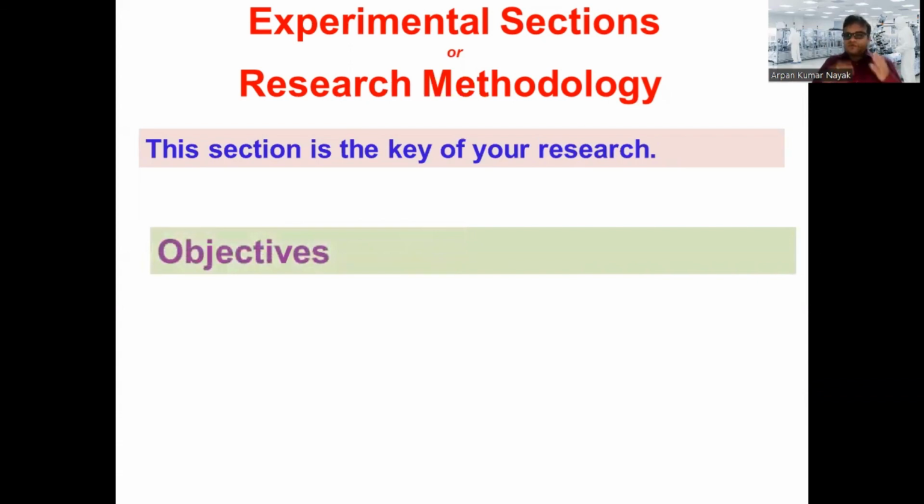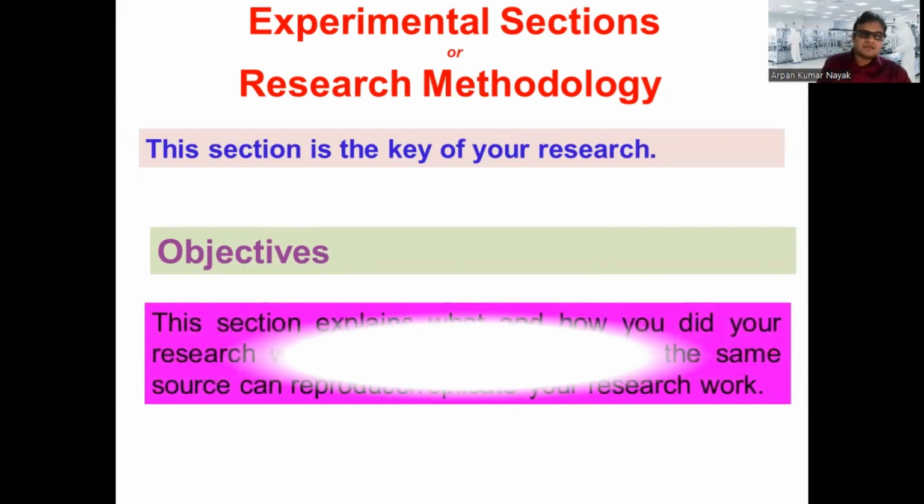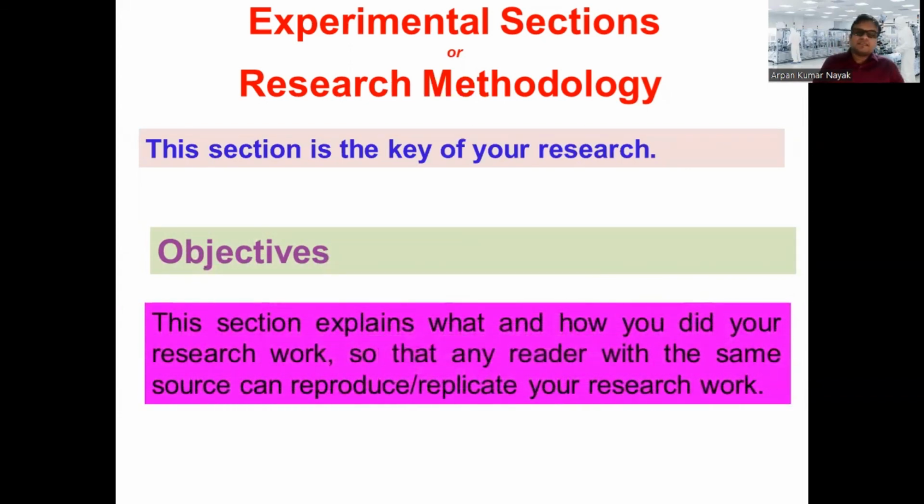Now, why is this important? What is the objective of this experimental section or methodology? In this section, you explain what and how you did the research work. Whichever work you want to present in your manuscript or scientific article, what you did and how you did it, all the detail you write in this section.